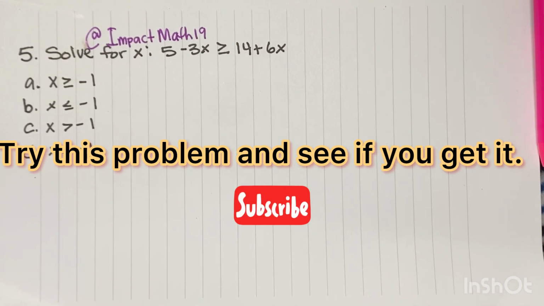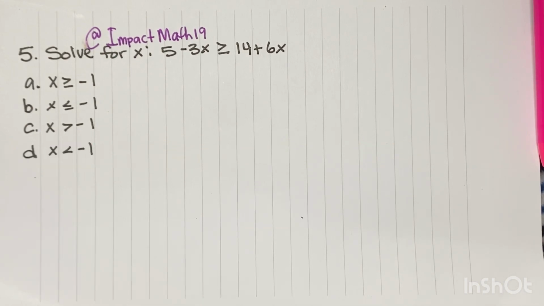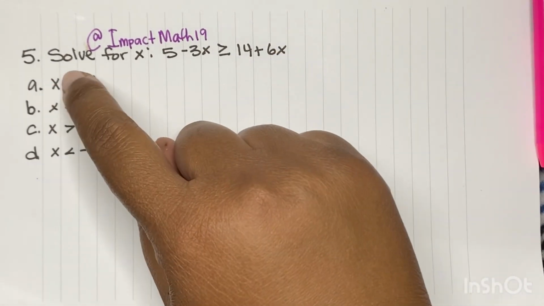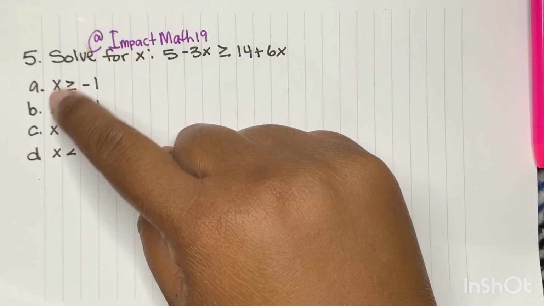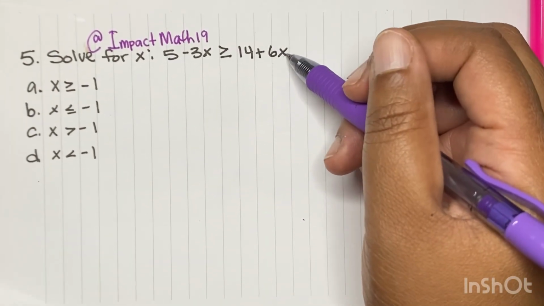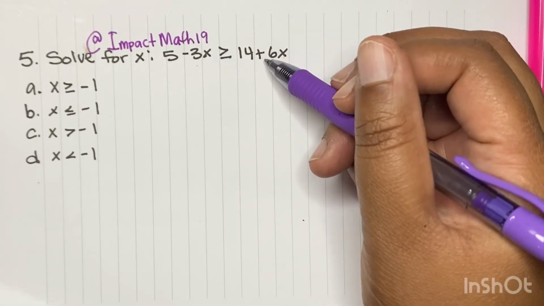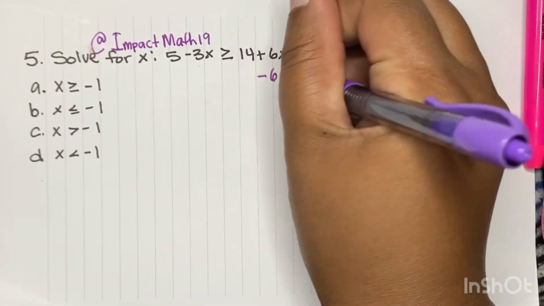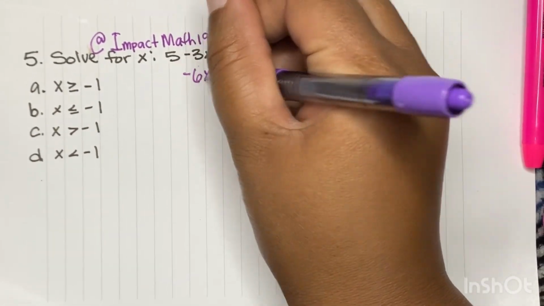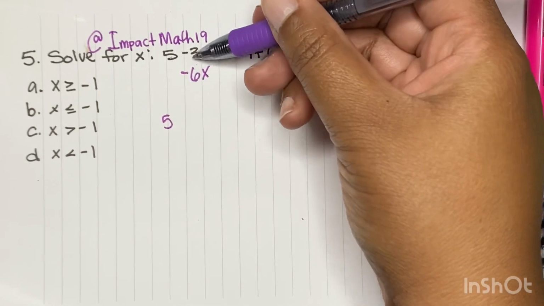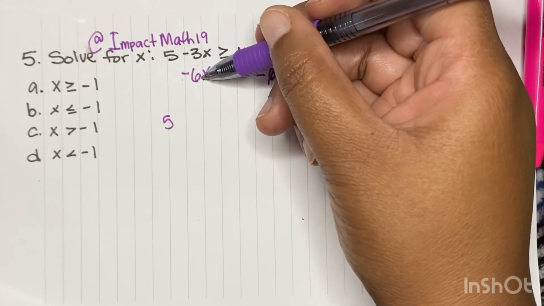All right, number 5. Solve for x. 5 minus 3x is greater than or equal to 14 plus 6x. Now, as you notice, our x's are all on the left side, so I'm going to move this positive 6x to the left side. How do I do that? I do the opposite of plus, which is minus 6x to both sides. We're going to drop down the 5. Now, negative 3 minus 6.